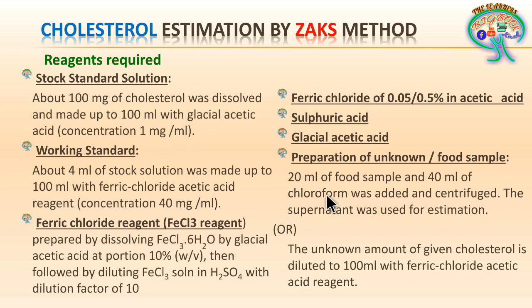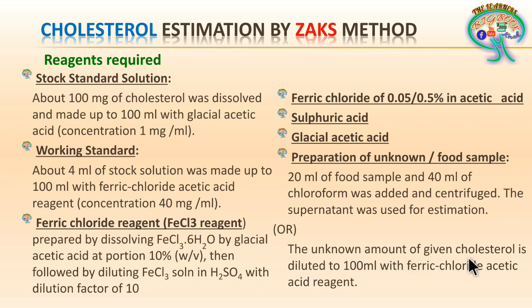Chloroform is one of the deproteinizing agents. So here you are going to use the food sample and 40 ml of chloroform. After some time, when you centrifuge, whatever proteins are present in the food sample will get collected at the bottom. Whatever supernatant is present can be used.